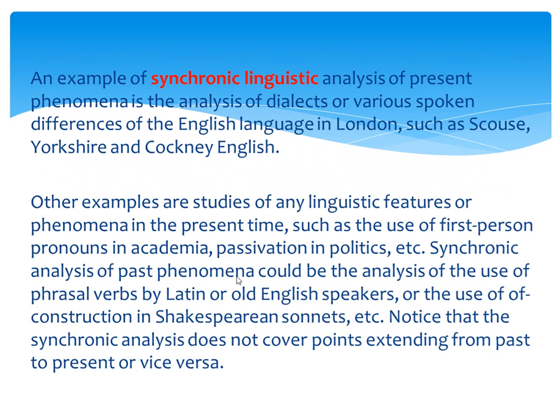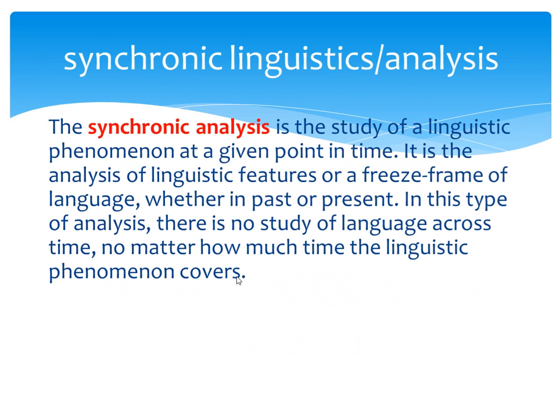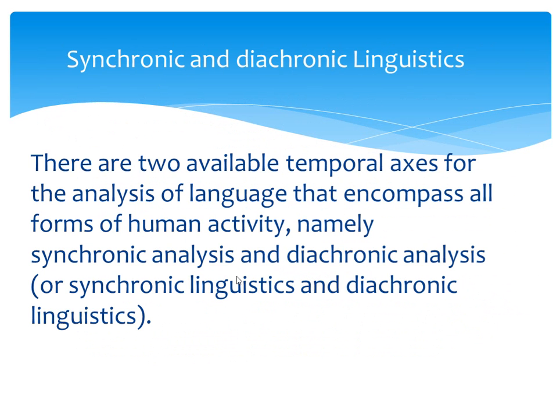So simply, the difference between synchronic linguistics and diachronic linguistics is that within synchronic analysis we focus on language features, on phonetics, phonology, semantics, syntax, pragmatics, in one point in time, whether in present time or in past time.